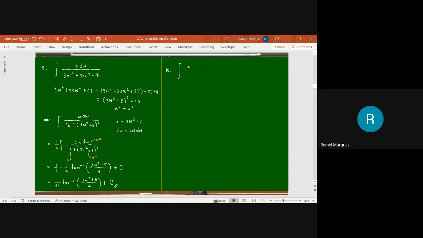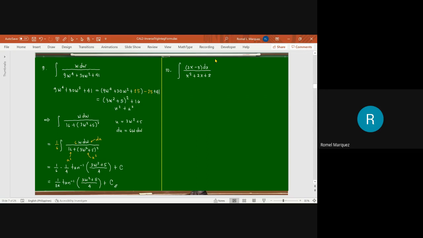W. O, X naman ulit. Sa ilalim is x squared, and then plus 2x, and then plus 2. Okay? Then, in the numerator, I have 3x minus 5 quantity dx. Yan. What about that?